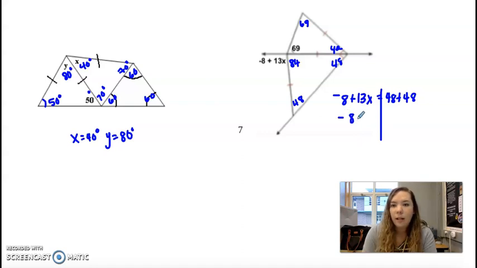So that would give us 96. And then 96 plus 8 would give me 104, which is 8. X is 8. And I know this angle's 96 total if I add those two together.